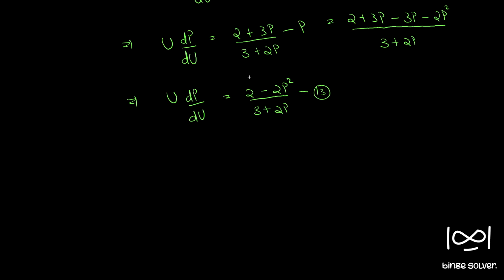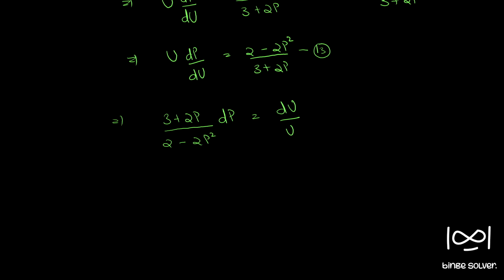Now bringing all the p terms to one side and u to the other, we have 3 plus 2p by 2 minus 2p square dp is equal to du by u. Let's open this up.